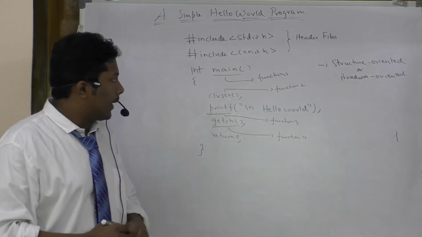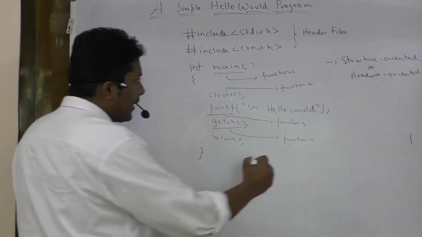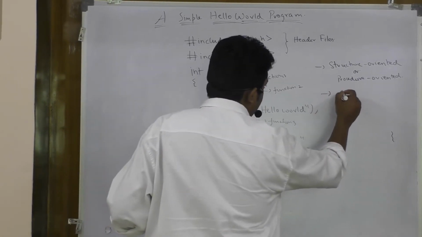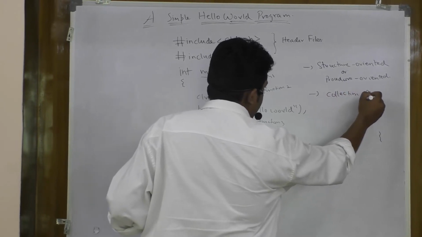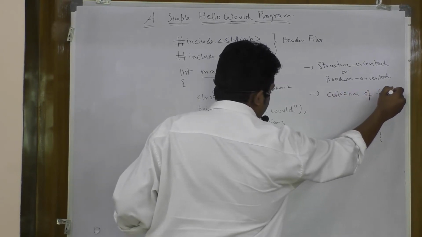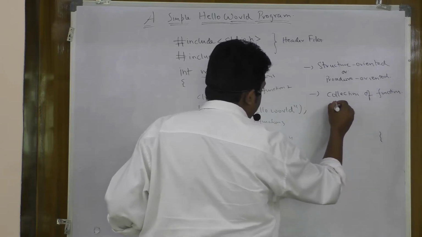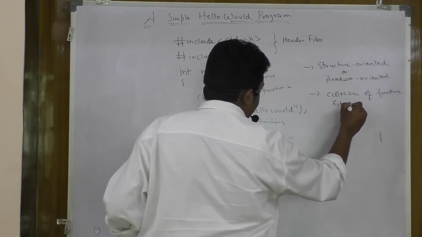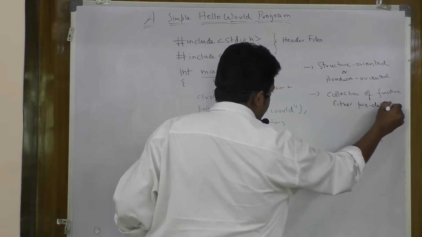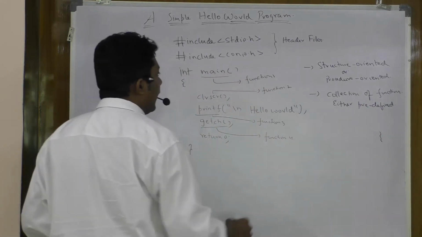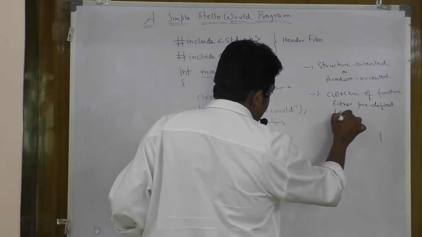We can say that typically a C program is a collection of functions, either predefined library functions, or user-defined functions. You got my word here: I am using predefined library functions.